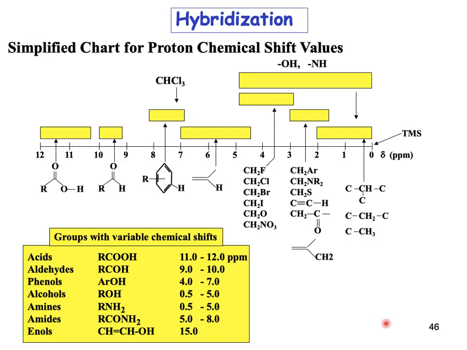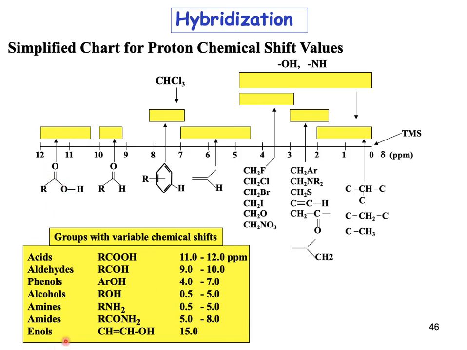This is the same as in the sense of hybridization, right? So this one is an sp3 hybridized group, this one is an sp2 hybridized group, and this one also has an sp2 hybridized group, where the proton is mostly attached with an electron withdrawal group.